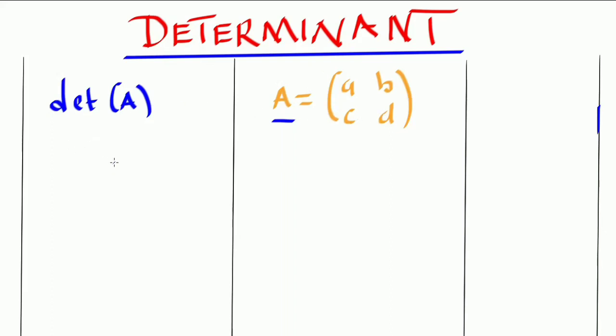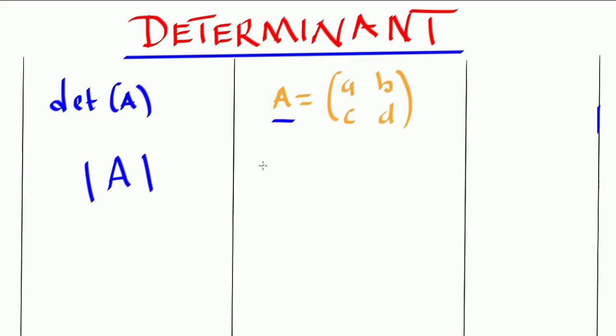Or if they write A and put bars around it, it means it's the determinant of this matrix right here. Hopefully this is straightforward. So now, how do we find the determinant?